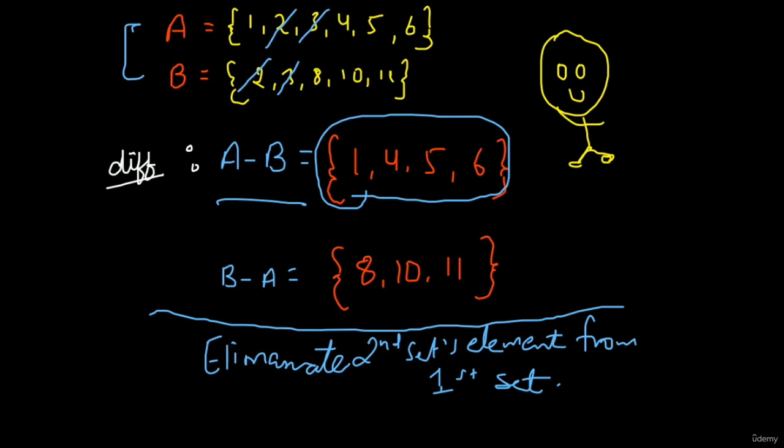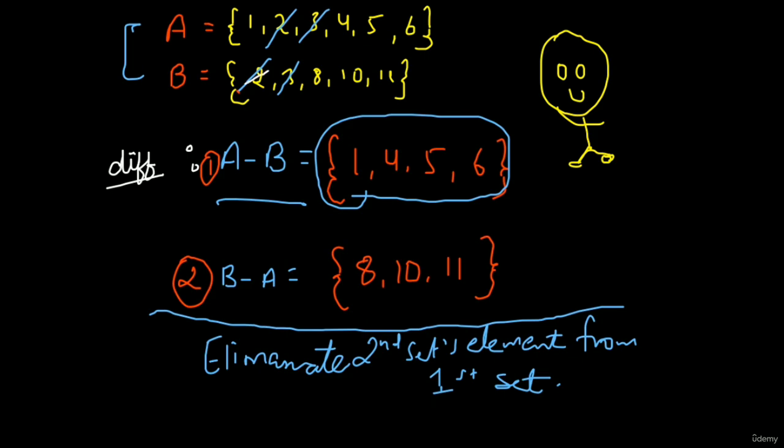Now what can be B minus A? So for B minus A, that is our second part of the question, what we are having is to remove the elements of A which are present in B. So I'm using the red color. Let's use the white color, I think that will be clearer.